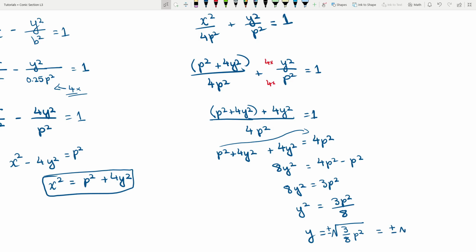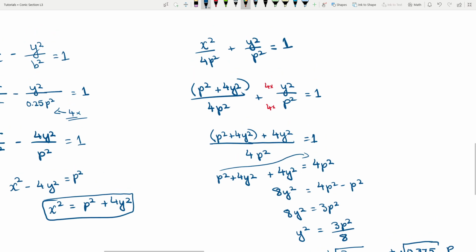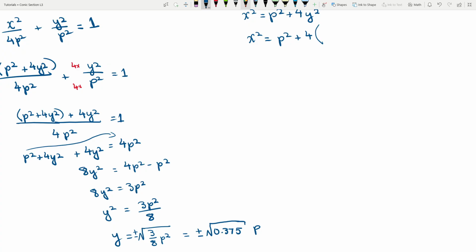Okay, so that's y, but we can also simplify this in a decimal simplification, I mean, 0.375, and then out of the square root p. Okay, so that's y. Now let's substitute this y into this equation. Okay, so x squared is p squared plus 4 plus or minus 3/8 p.